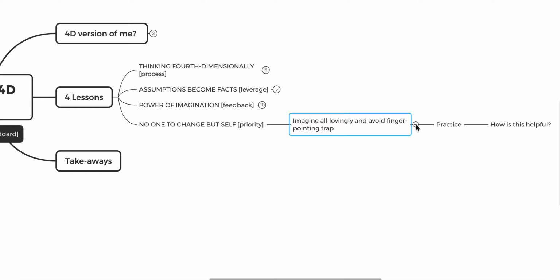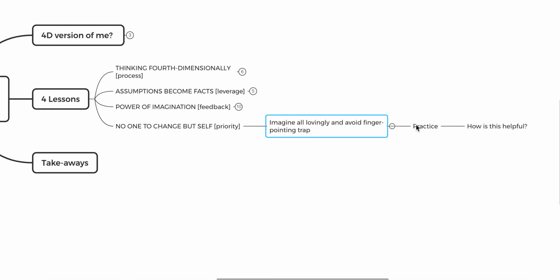And the practice, how to stay in the mindset of there's no one else to change but self, is asking the simple and yet powerful question, how is this helpful? Let's say the person says something and you feel like this is not helpful. Well, I recommend that you stay curious.